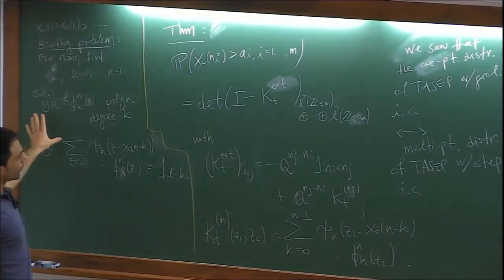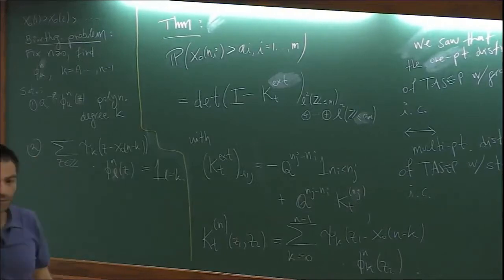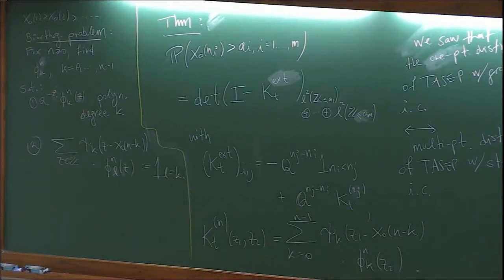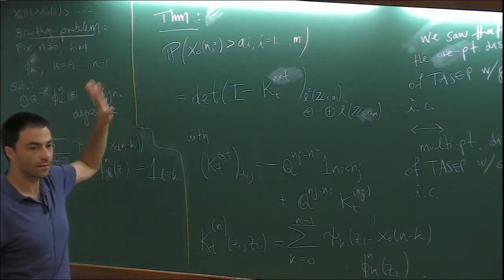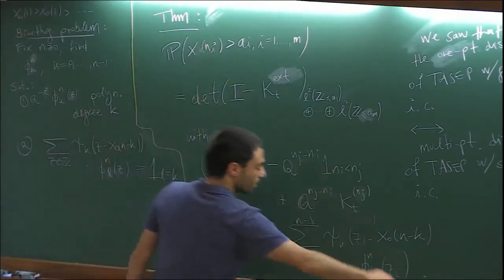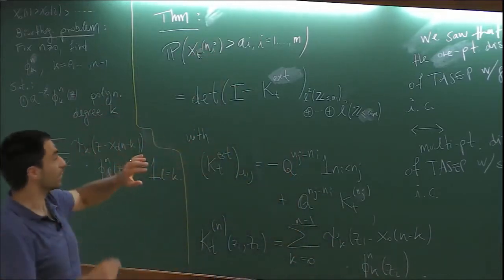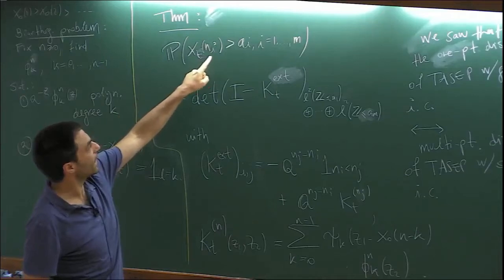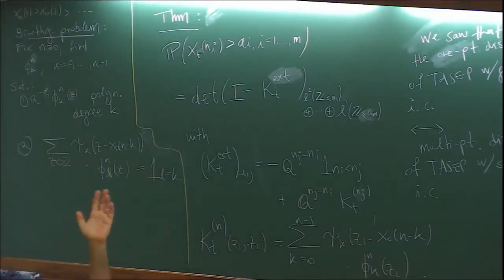So what we discussed was this idea of Sasamoto. I tried to explain where it comes from, more or less, but the idea is the following. If you want to find the finite dimensional distributions of TASEP, and of course this is a typo, that's a T, you fix m different labels, so now I'm looking at m different particles.